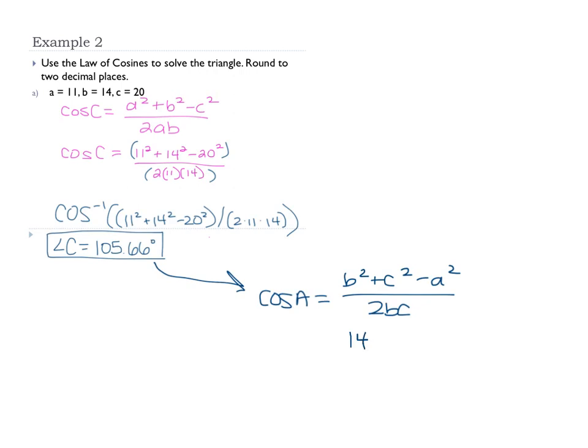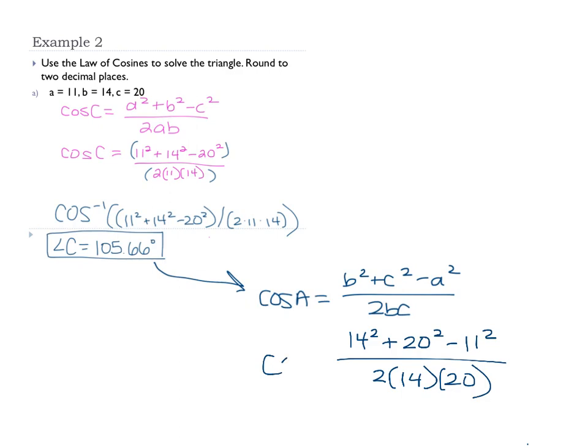So 14 squared plus 20 squared minus 11 squared over 2 times 14 times 20. Again, you can type all that in the calculator, you just have to make sure that you group your numerator together. So inverse cosine of 14 squared plus 20 squared minus 11 squared, divided by 2 times 14 times 20.